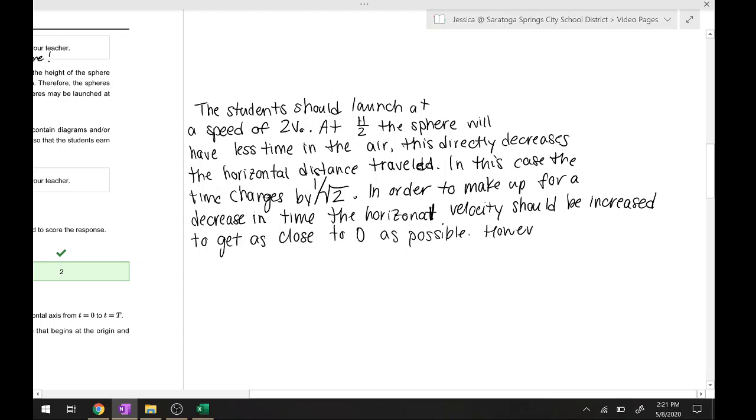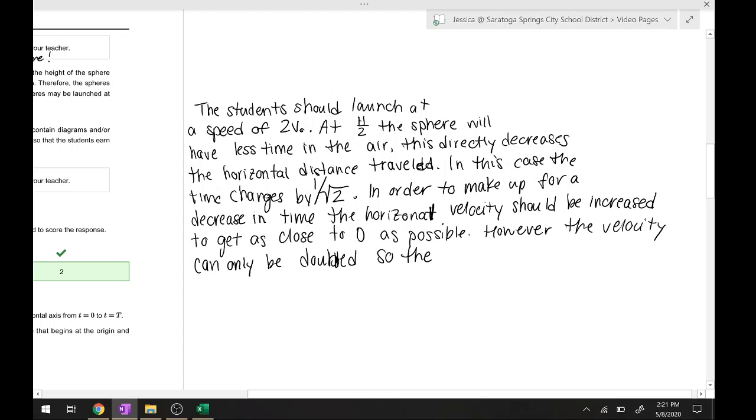However, the velocity can only be doubled. Be great if I could spell.